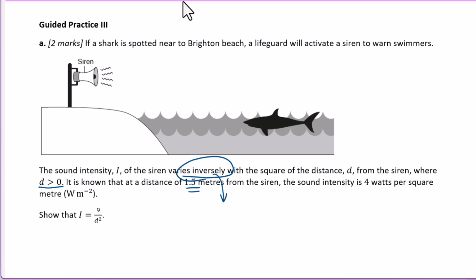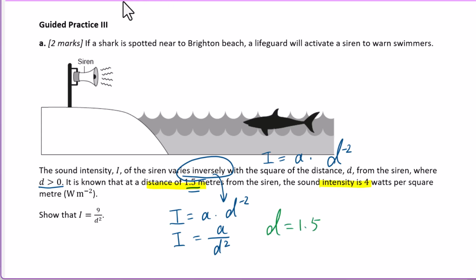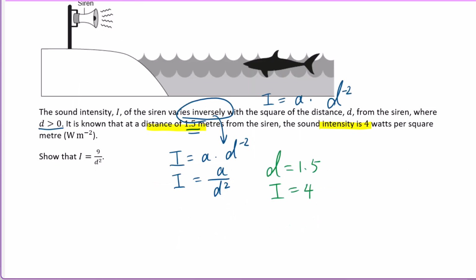Inversely means negative exponent, d to the negative second power. I equals a times d to the negative second power, which means I equals a over d squared. We are given distance d equals 1.5. Intensity is 4 watts per square meter. Do the substitution.